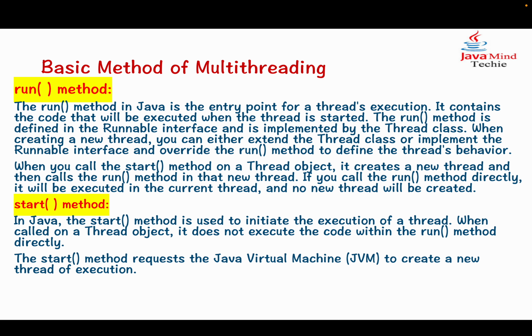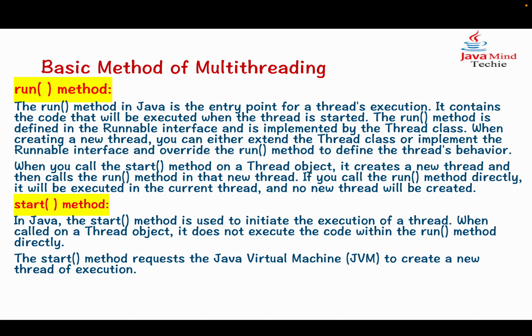Already I've told you, if you want to activate the run method, guys, you need to call the start method. Due to the start method only, we can internally call the run method. That same thing I mentioned here, guys. In Java, the start method is used to initiate the execution of a thread, okay? Because it activates our run method when called on a thread object. Okay? It doesn't execute the code within the run method, guys.